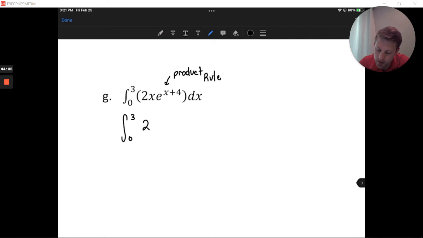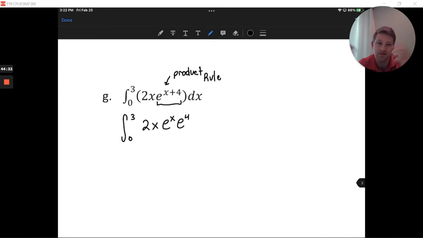We have the 2x. And then when I look at e raised to the x plus 4, I can actually rewrite this as two exponentials. One is e raised to the x, and the other one is multiplying e raised to the 4th power. So that is taking that sum in the exponent and separating that as a product of exponentials.